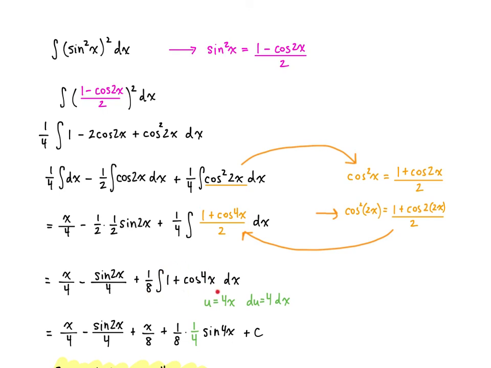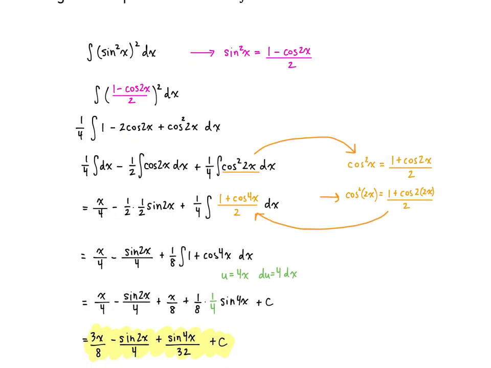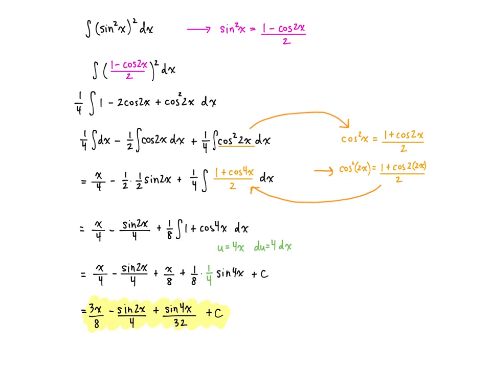And we can now integrate this guy using a nice U substitution. So we had to do a few trig identity substitutions so that we can get to a nice U substitution here. So now if u is 4x, du is 4dx, and we can integrate this whole piece. We get x over 8 from this first part, plus 1/8 times 1/4 sine of 4x plus c.